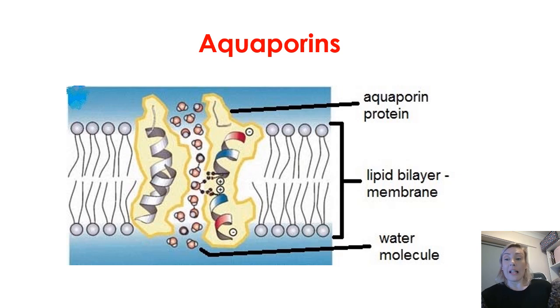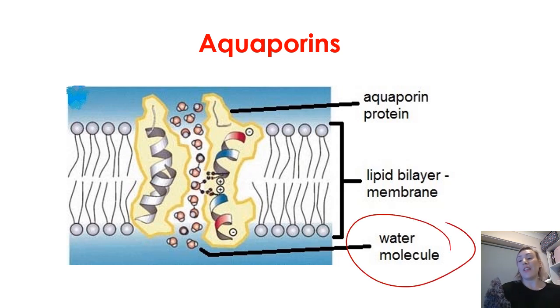Now there's one last type of protein that has a really special job in the membrane. These proteins are called aquaporins, and I bet you can guess already what they facilitate the movement of. They're specific to allowing water molecules to move across the membrane. Of course, water moves by osmosis, which really is a special kind of diffusion.